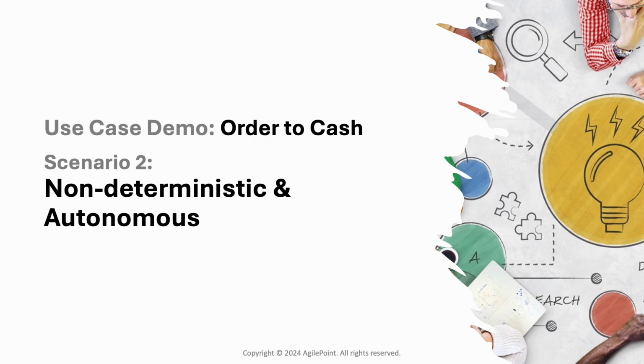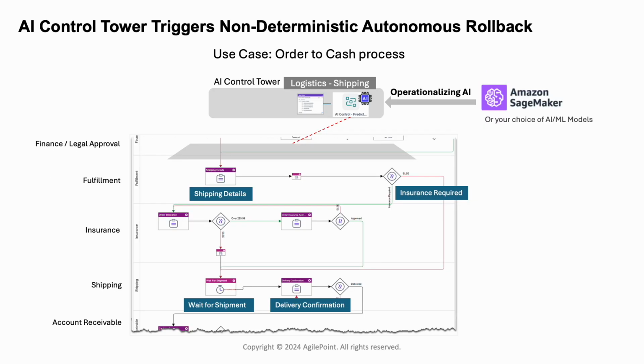Now, scenario 2 is going to work a little bit differently. Rather than surfacing a suggestion to our application owner or subject matter expert, the control tower is going to take an automated action. In this case, as you might recall, what we are looking at here is the likelihood for a shipping delay.